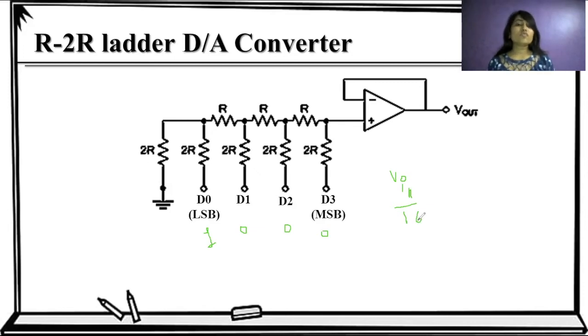So for a 4 bit R2R ladder type D2A converter, we can calculate a bitwise analog voltage for a given digit. This is how we can calculate the analog equivalent for these digital bits.